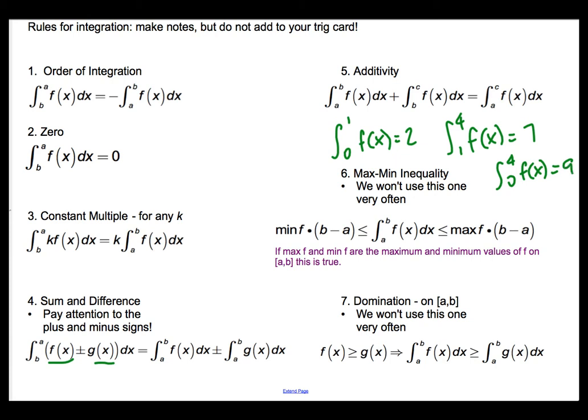You would just add those two up. So that's a real handy rule. We'll use it every now and then, but it doesn't creep up a super bunch.